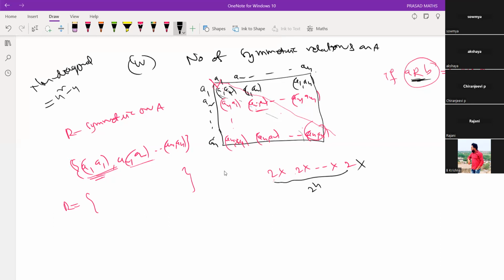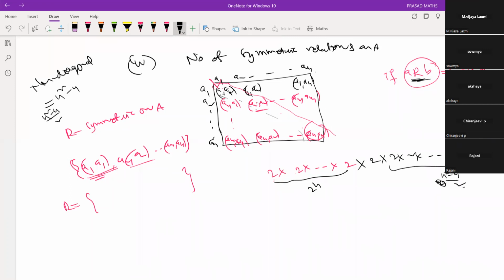Half of that is n square minus n by 2. For each one, how many ways can it be filled? 2 ways. How many such non-diagonals? n square minus n, but we need to fill only the below diagonals. How many such? n square minus n by 2. Therefore total 2 power n into 2 power n square minus n by 2. That means 2 power n plus n square minus n by 2. Therefore 2 power n into n plus 1 by 2. So this is the number of symmetric relations.